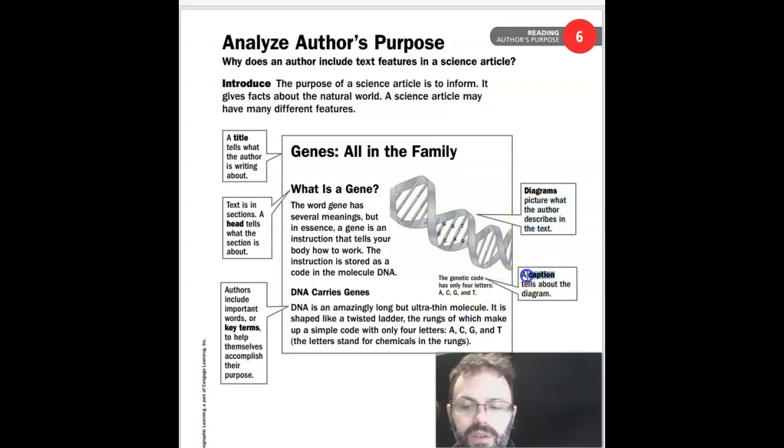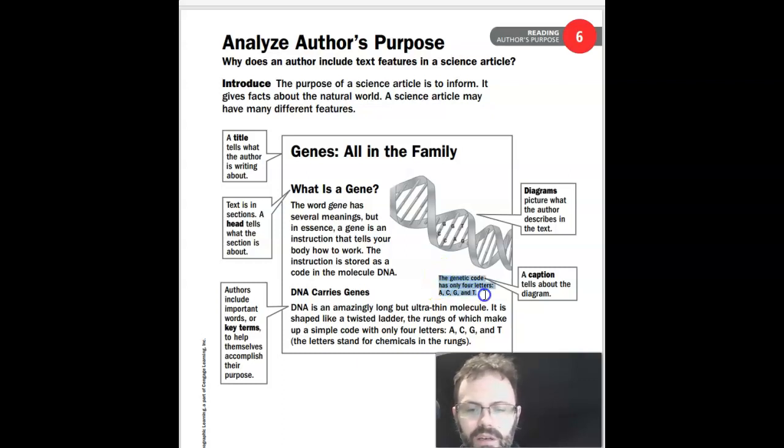Diagrams or pictures will usually include a caption. A caption is, this is the text. So this is what the author is writing about. And if you just read this, you'd understand it. But sometimes there are captions, and these little captions, they just explain the diagram, or the picture. I'll show you an example in our active reading assignment in a minute of a caption.